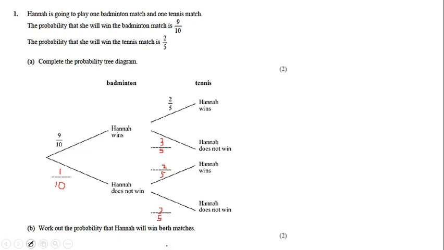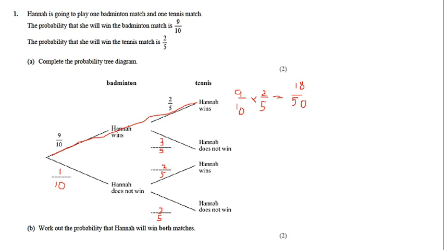Work out the probability that Hannah will win both matches, and the probability that she wins both matches is along this arm. Okay, now these are independent events. Okay, and so we multiply along the arm. So 9/10 multiplied by 2/5, okay, equals 18/50.